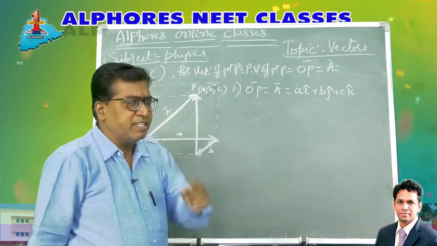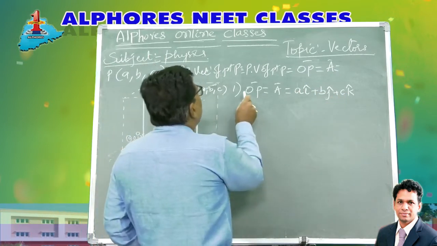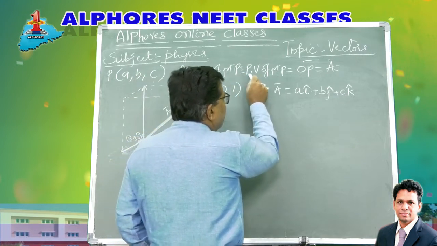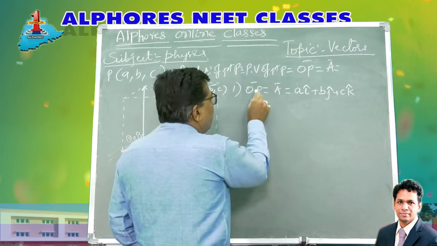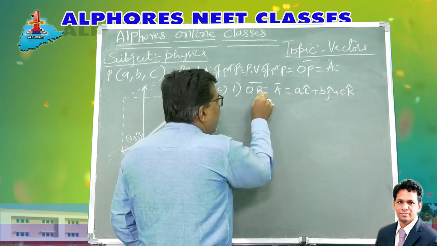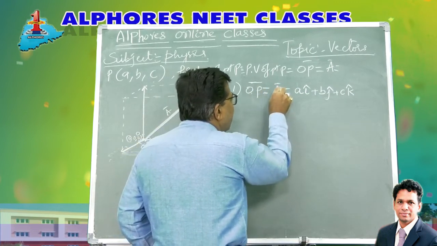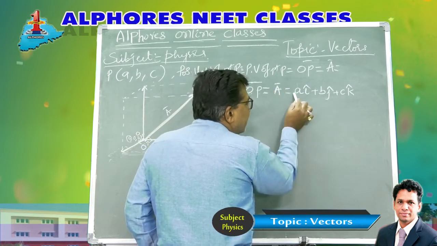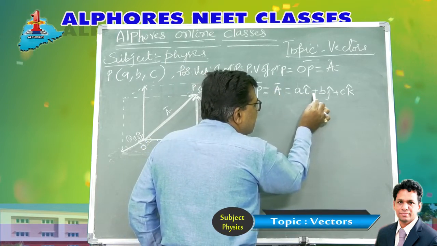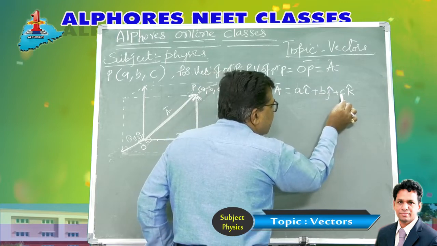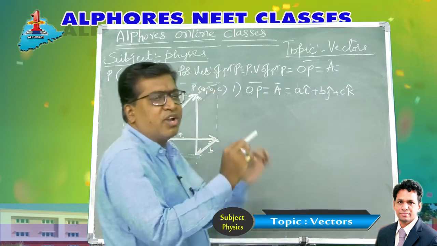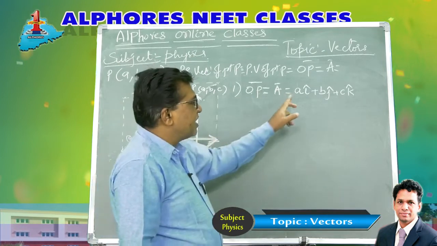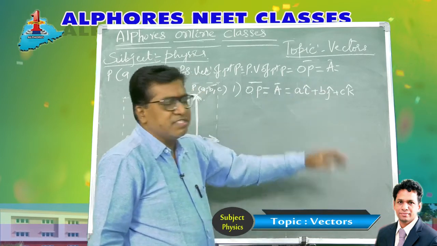Now how do you spell it out? You expand this. The position vector of point P, in short PV of point P, OP bar, I am naming it as some vector A bar. Then it is spelled out as A units along x-axis plus B units along y-axis plus C units along z-axis. In short, I symbolize the directions, so I just write it as AI plus BJ plus CK.